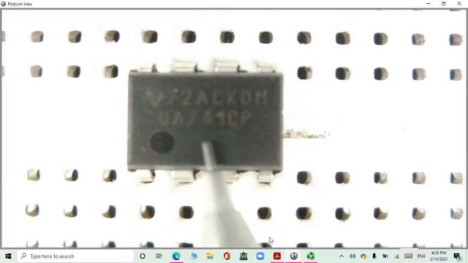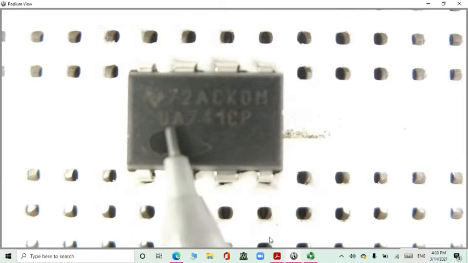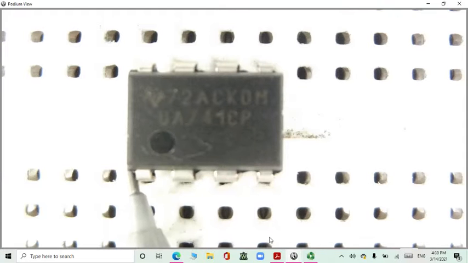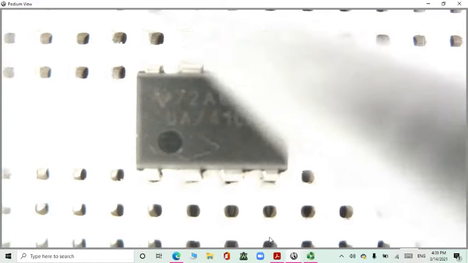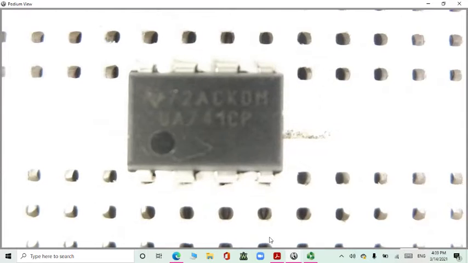Let me show you how to know the number of these legs. You can see this is the black circle. From this black circle, in the upper left corner, this is pin number 1, 2, 3, 4, 5, 6, 7, 8. The last one, which is this one, is 8. This one is inactive or not connected.